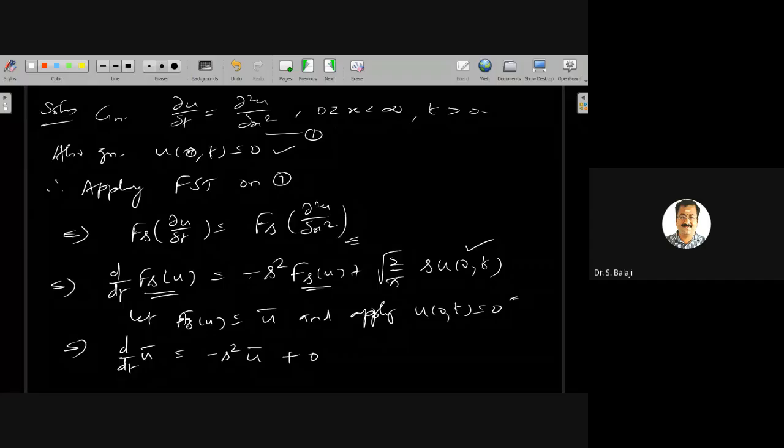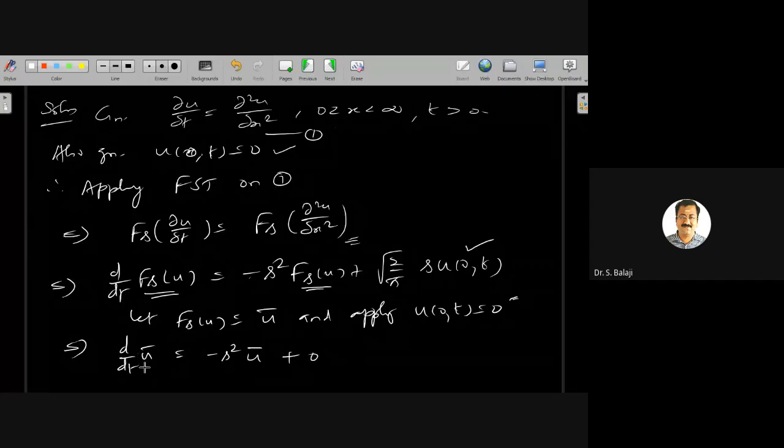We take Fs of u as u bar, therefore it will be d by dt of u bar minus s square u bar, and u of 0 comma t is given as 0. U of 0 comma t means at the initial point the temperature is 0.